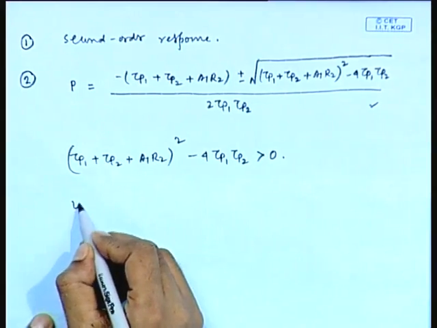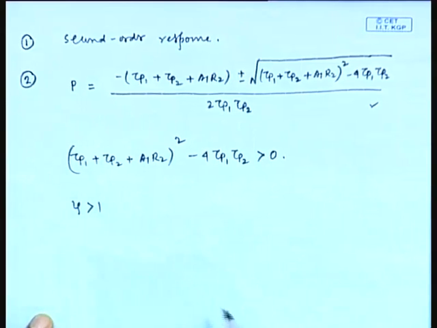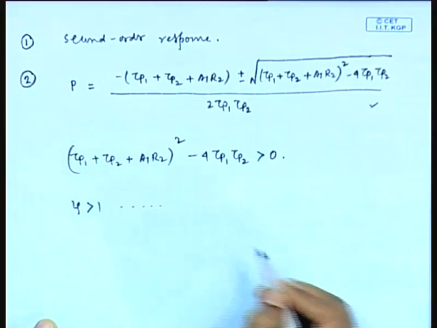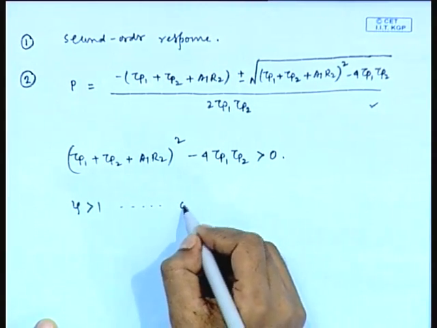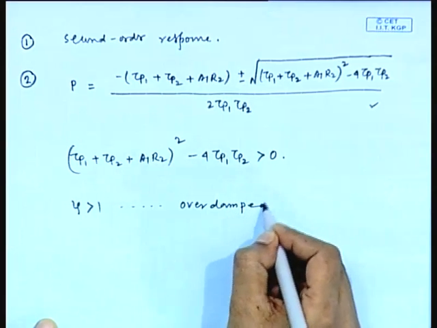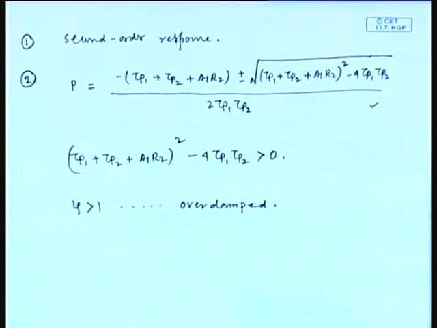The overall response is overdamped response. So, we obtain zeta greater than 1 and the response of interacting capacities is always overdamped. The response of interacting capacities is always overdamped.